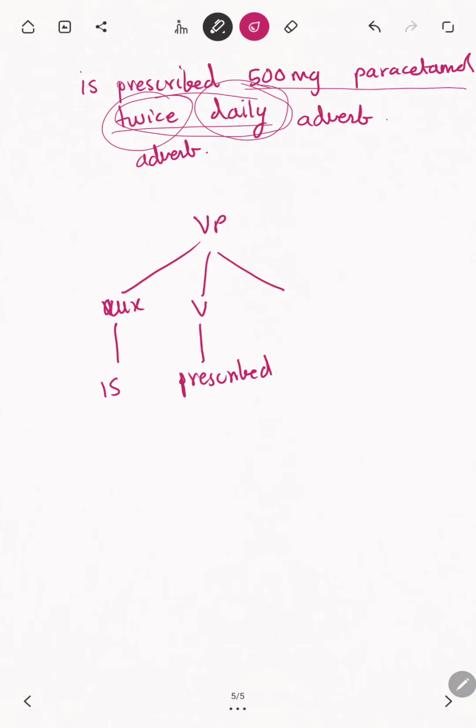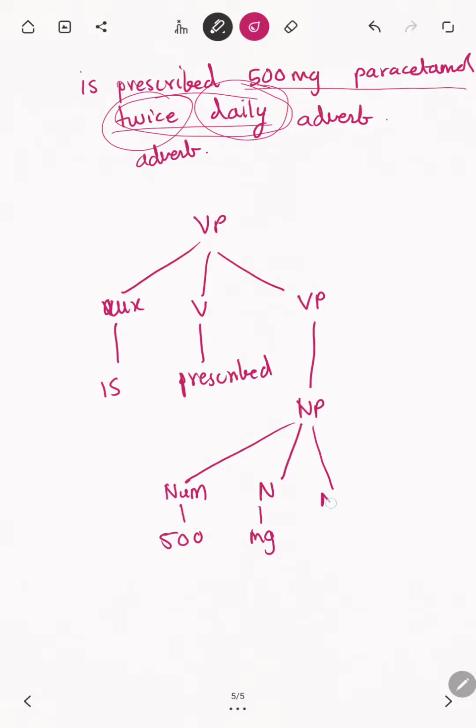Now what we are denoting here is, because there is an adverb, we will call it another verb phrase, and this verb phrase has a noun phrase being 500 milligram paracetamol. So it has three parts: numerical, that is 500, noun, that is milligram, and paracetamol is also a noun.